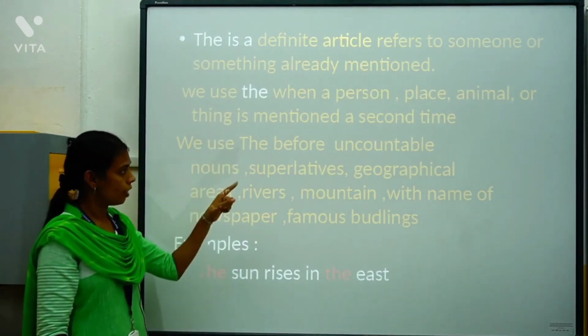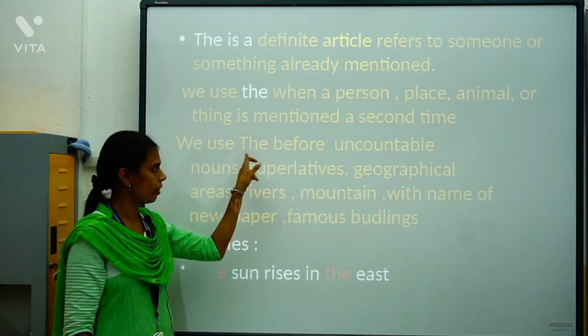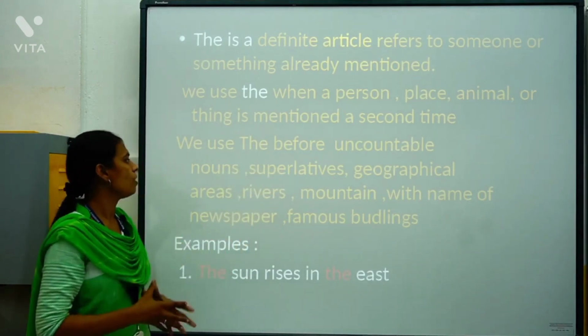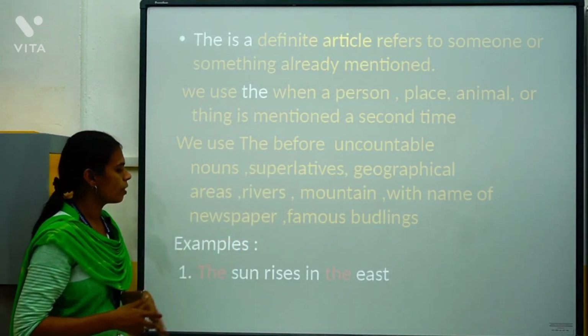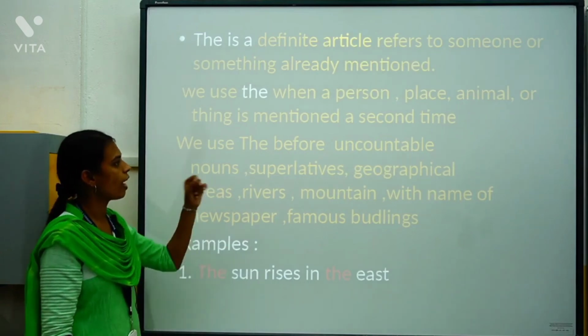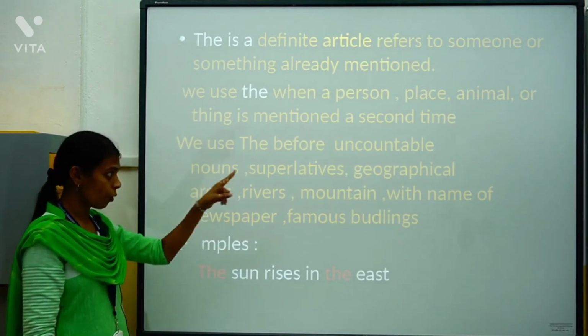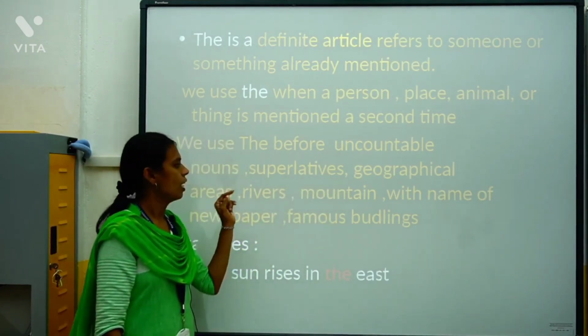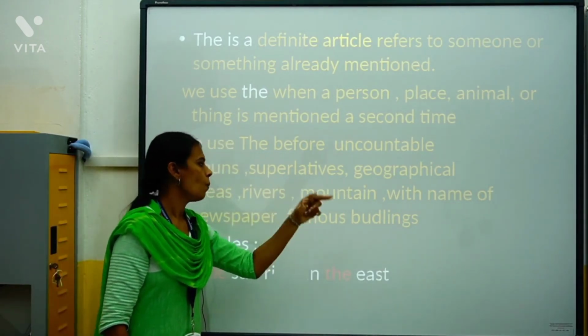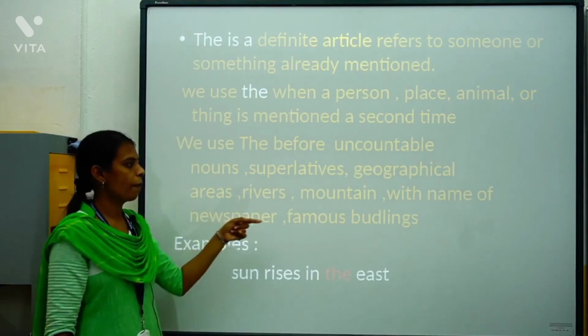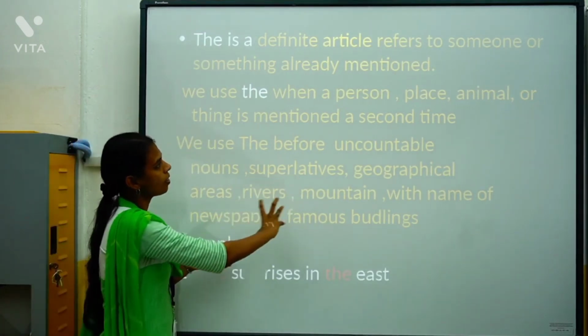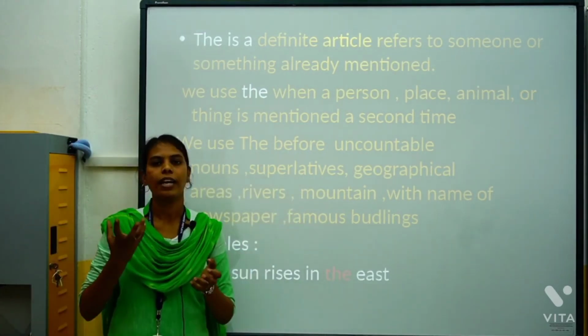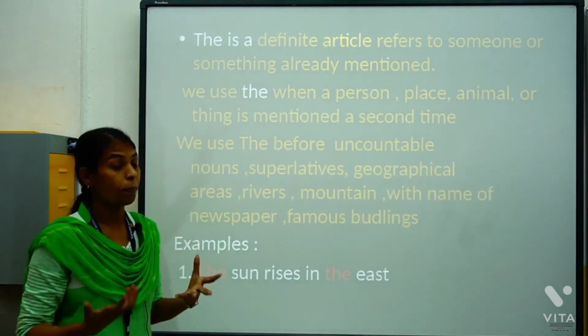We use the article "the" before uncountable nouns. I'll tell you the examples for the uncountable nouns, and superlatives, geographical areas, rivers, mountains, with the name of a newspaper, famous buildings. So before all this, we can use "the", and there are plenty more.